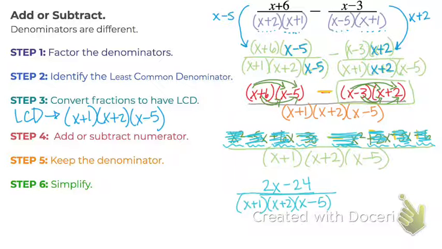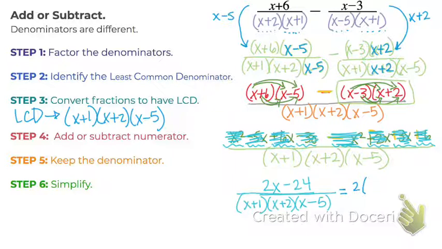So after you have combined the like terms in our numerator, we're going to do one more thing. We want to see if there's anything that we can cancel out that's in our numerator and also in our denominator. So take another look at your numerator, see if you can factor it any further. And 2x minus 24, they're both even. I know I could factor out a 2.